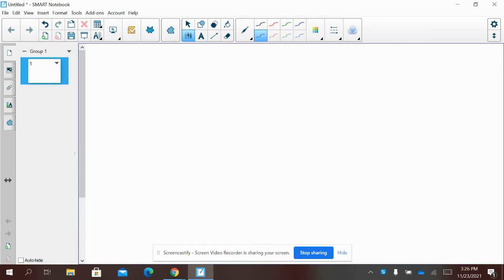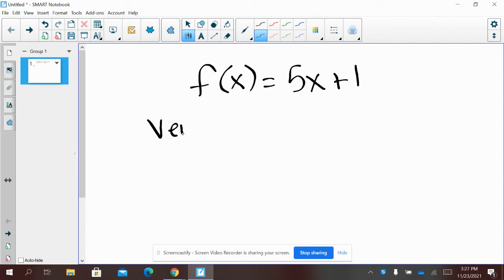Let's start with f of x. Now let's say that f of x is equal to 5x plus 1. The rule for vertical, so our vertical rule, says that we're going to take some value of a and multiply it by the entire function.